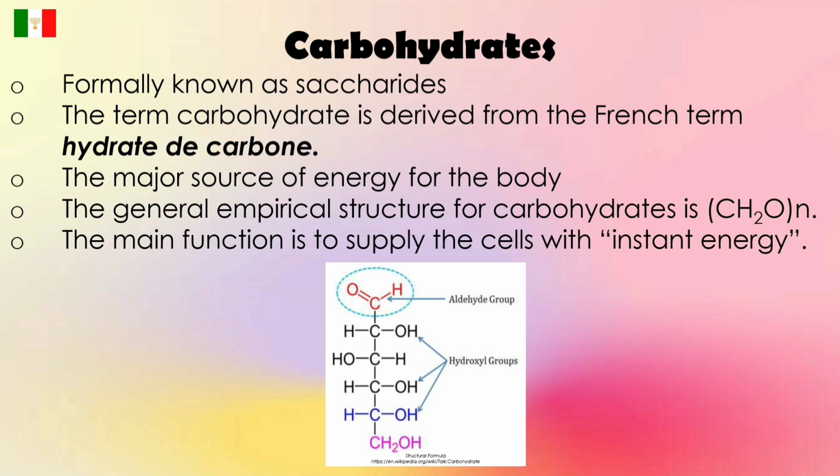Carbohydrates can be represented by the stoichiometric formula CnH2nOn, where n is the number of carbons in the molecule. In other words, this is the ratio of carbon to hydrogen to oxygen, and that is 1 is to 2 is to 1. 1 for carbon, 2 for hydrogen, and 1 for oxygen.